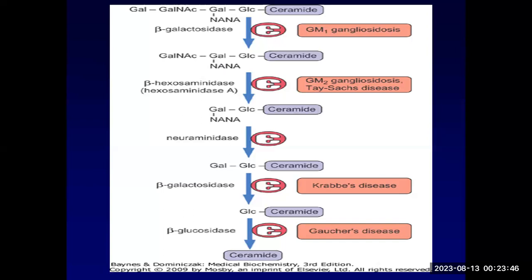So the N-acetyl galactosamine is hydrolyzed by the beta-hexosaminidase enzyme, or hexosaminidase A. And if this enzyme is deficient, then the ceramide containing 4 sugars right here cannot be broken down, and we get GM2 gangliosidosis, and the common name is Tay-Sachs disease.